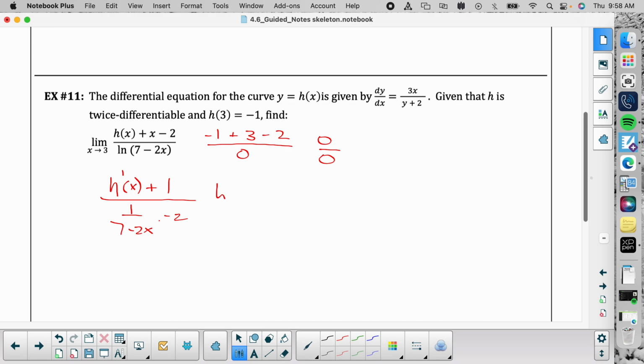H prime of 3, I'll have to calculate up top by that equation. That's kind of annoying because it's got an h, x, and y. Bottom is 1 over 7 minus 6, 1 over 1 times -2. Okay, h prime of 3.